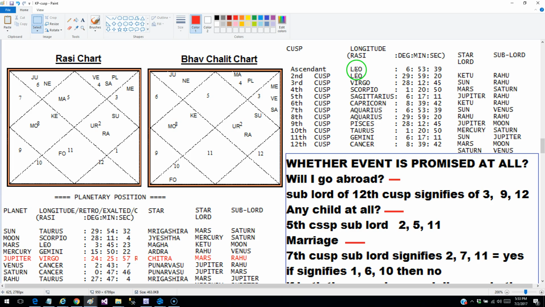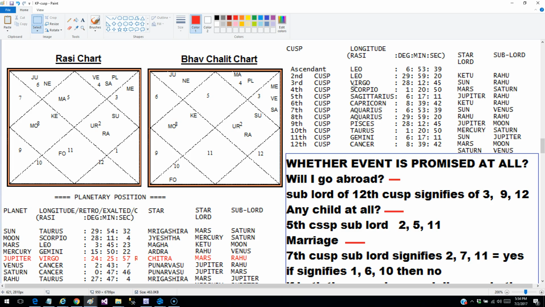So sometimes you will find that one of the signs is missing from this list. For example, here the first cusp is Leo 6 degree to 29 degrees, the second cusp is Leo 29 degree to Virgo 28 degrees, and the third cusp is from Virgo 28 degrees to Scorpio 1 degree. So you see Libra is missing over here.